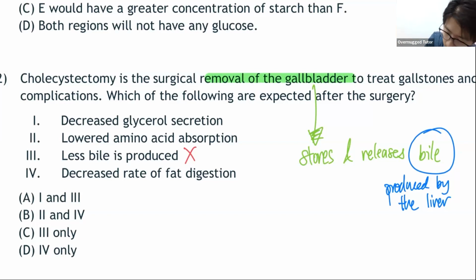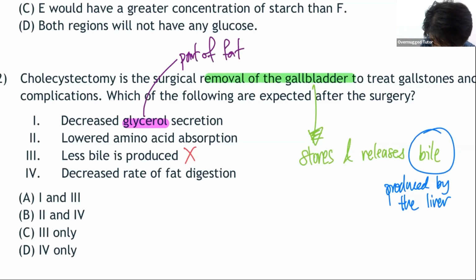So therefore, do we secrete glycerol? We don't produce glycerol. Glycerol comes from the breakdown of fat. So since this has nothing to do with it, that is not our answer. Okay? Anything to do with amino acids? No. It's the function of bile.